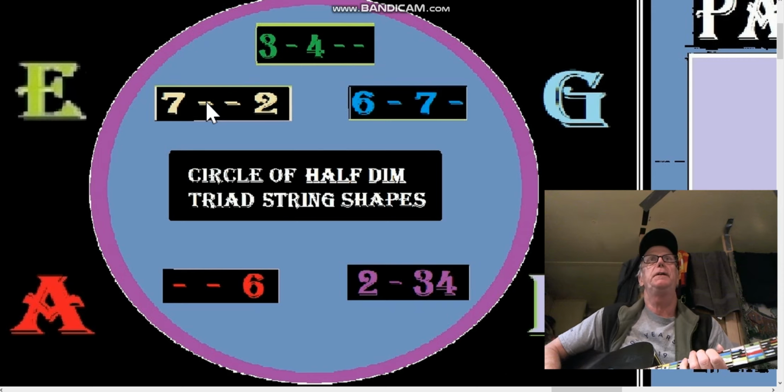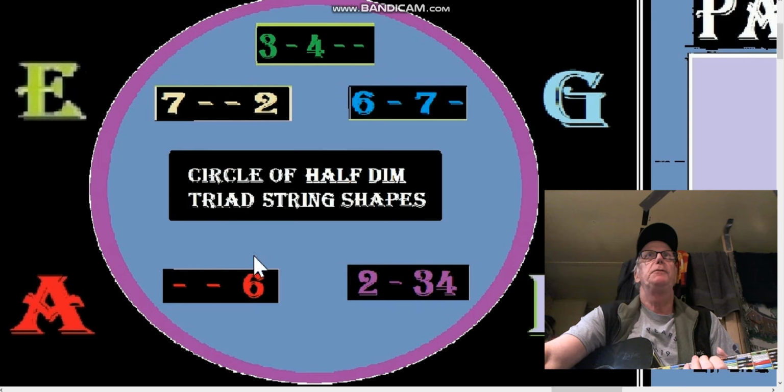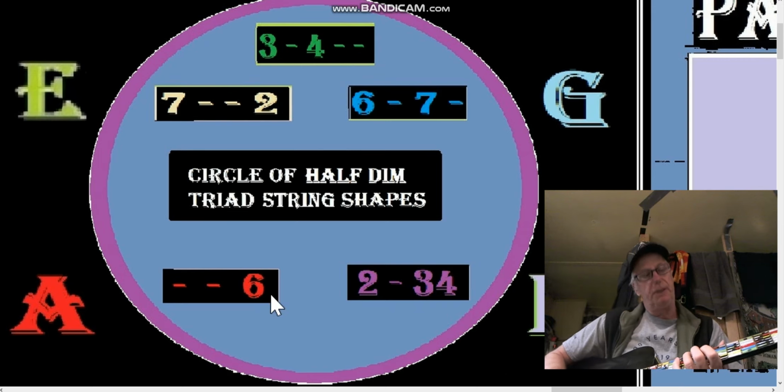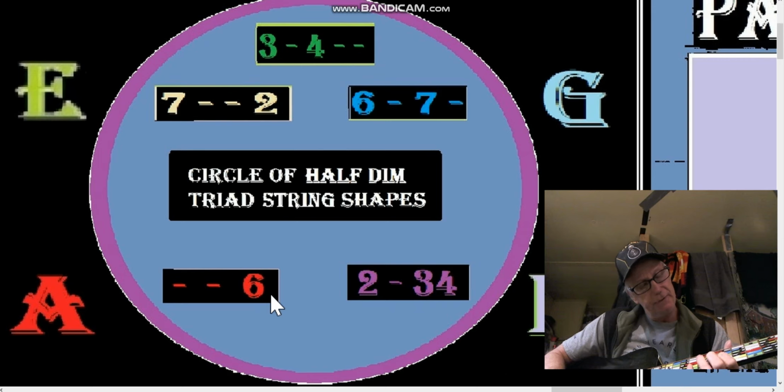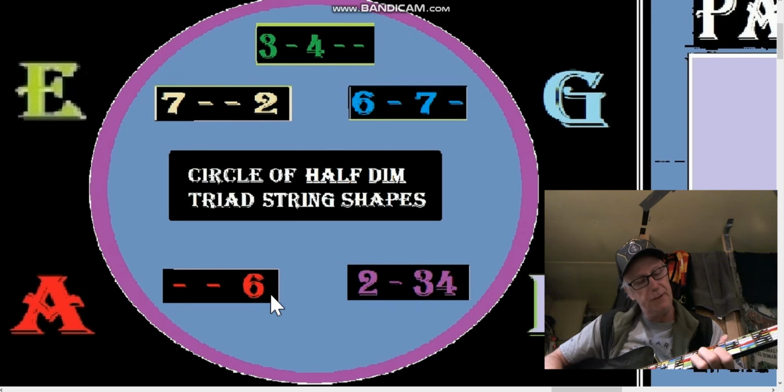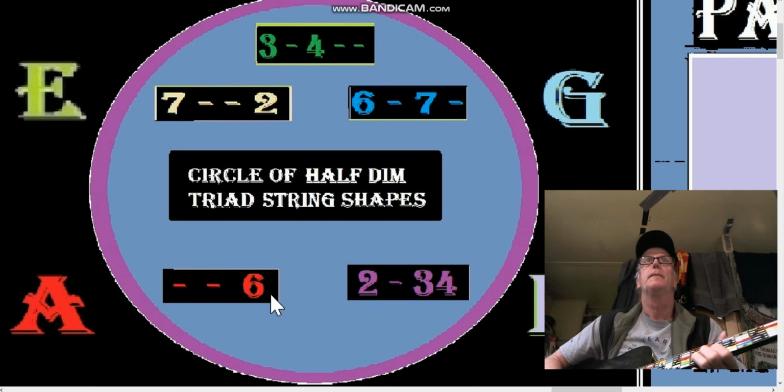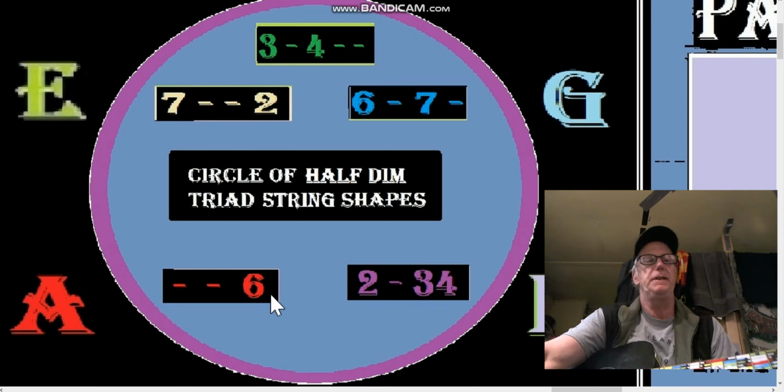But with the half diminished, you start on the A. We're just going to play the 6, and then the 7, 2, and then the 3, 4 on the C box, and then the 6, 7 in the G box. So we're going to play the 6, 7 right there, 6, 7 right here, and then the 2, 3, 4 in the D box.